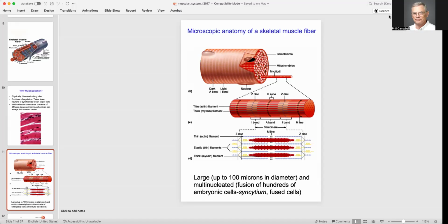Now, again, we come down here. Here's a cartoon, a simplified version of a sarcomere, Z disc to Z disc, thick filaments attached physically via these elastomeric elements. That actually allows for elasticity. That allows the sarcomere to stretch beyond its resting length.